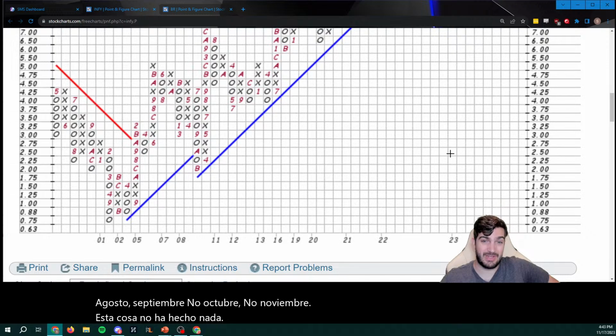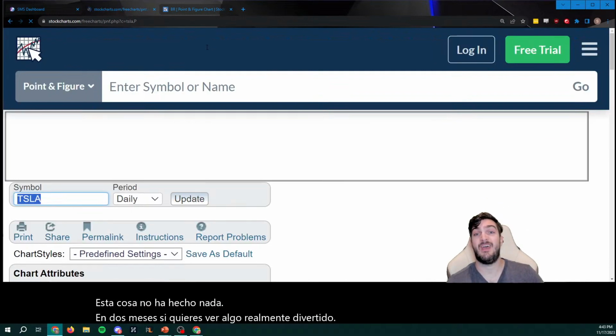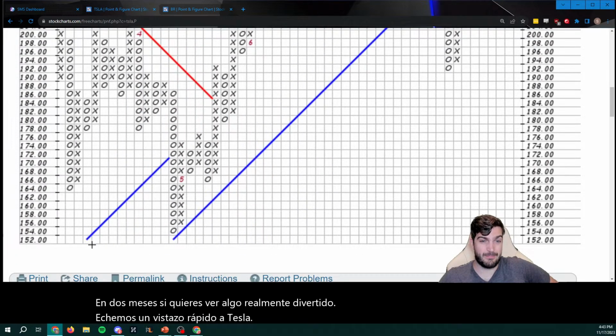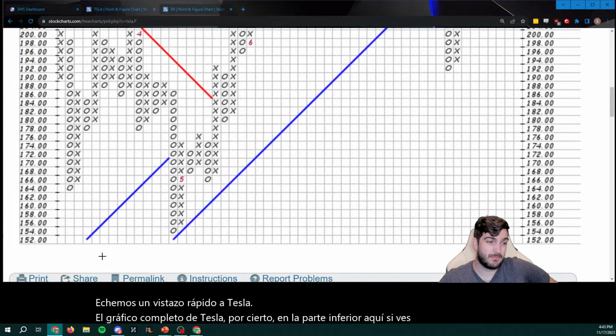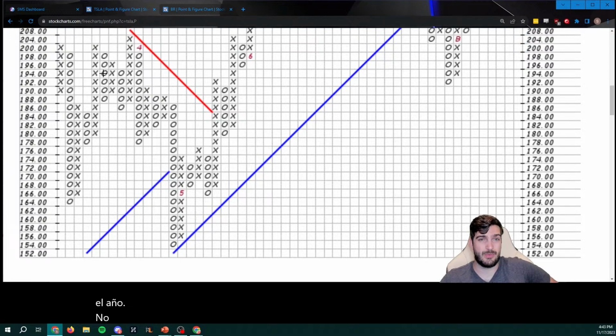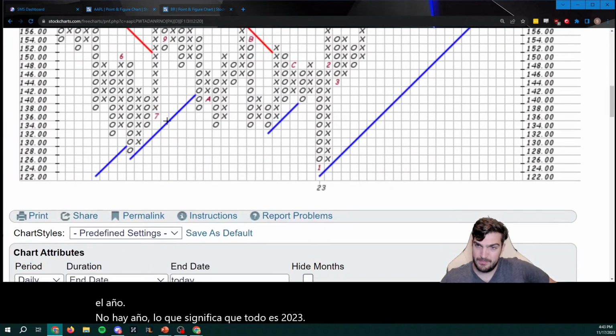If you want to see something really funny, let's quickly take a look at Tesla. Tesla's entire chart, by the way, at the bottom here, if you see a number, that's the year. There's no year, meaning it's all 2023. Apple.